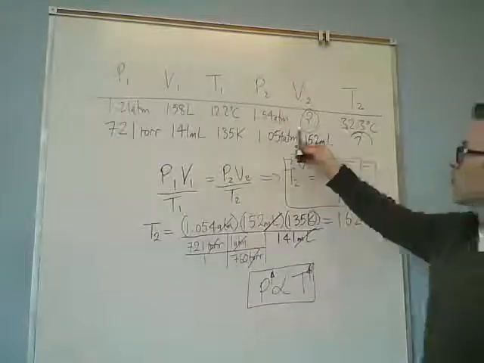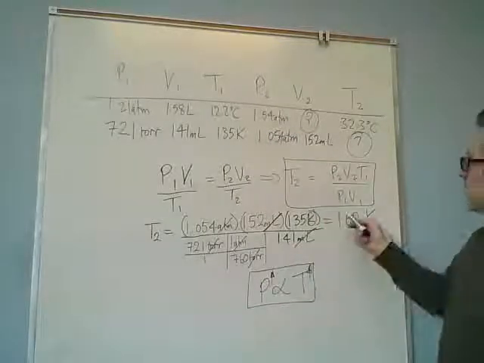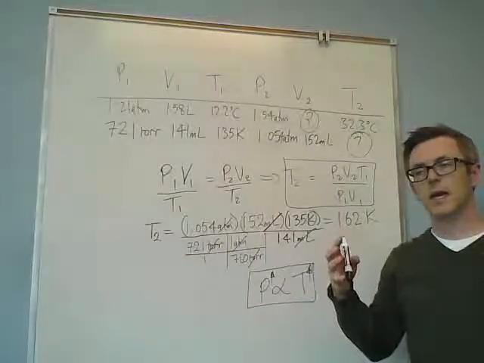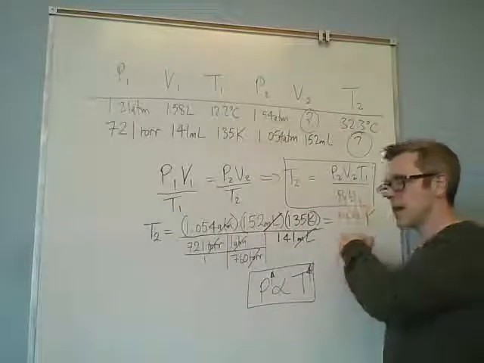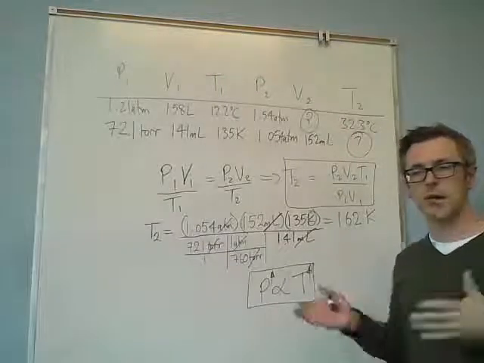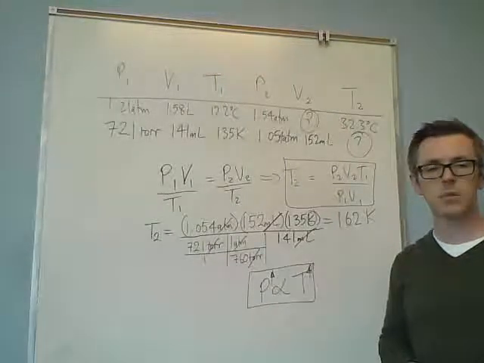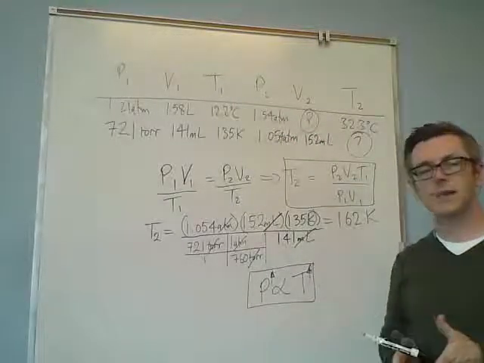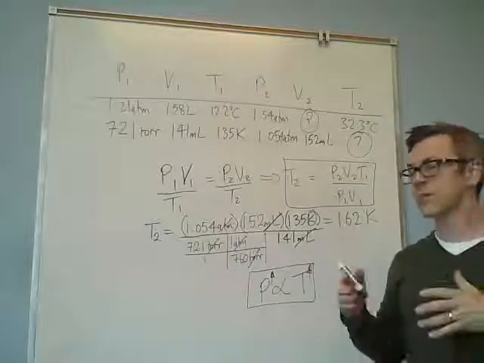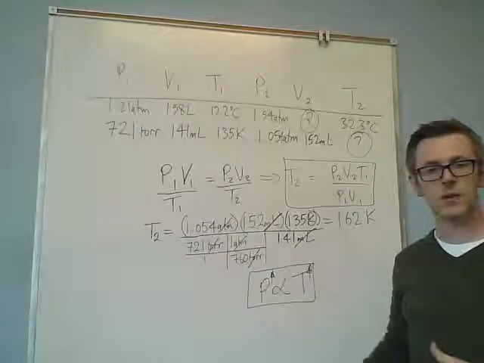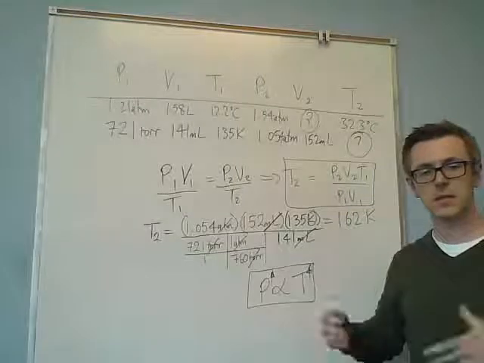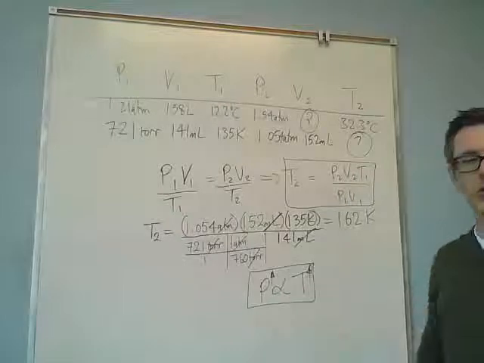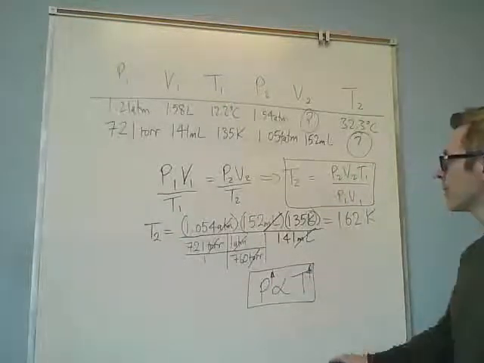So we predict T2 must be bigger than T1, and indeed, our T2 is larger than T1. If we found something else, we would know that we've mislabeled, and this is the most common mistake that students make. They mislabel 1s and 2s somehow, and they get an answer that doesn't make sense. The ones that check their answer catch the mistake, and the ones that don't check their answer have no idea until I show them their exam. So always critique your answer, knowing the relationships that you know.